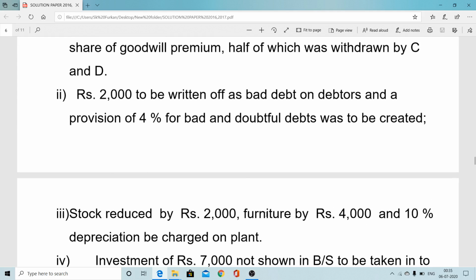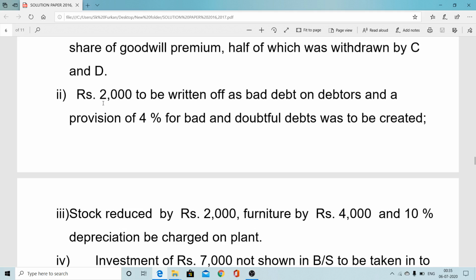For that purpose, the revaluation account debit to provision for bad and doubtful debt account, and for cancelling the old provision we can pass the entry: old provision account debit to revaluation account. This is a little bit of a new topic, so I'll repeat it.